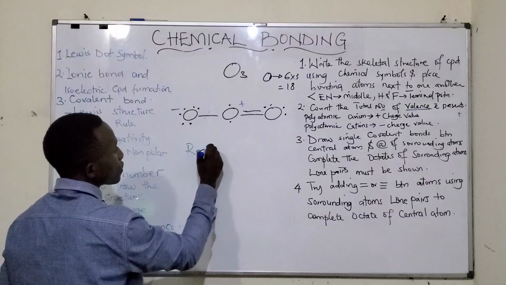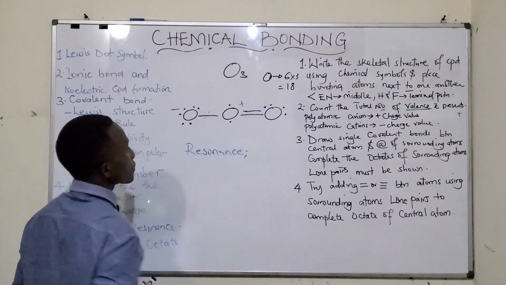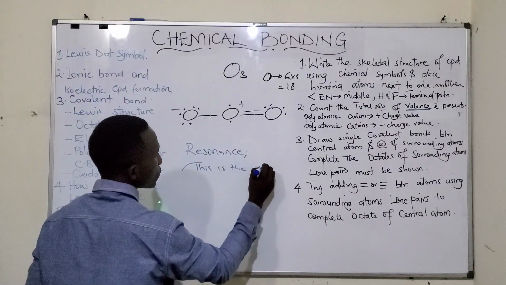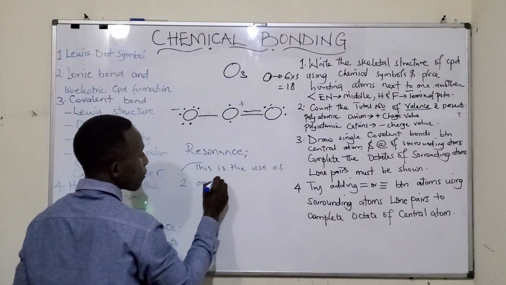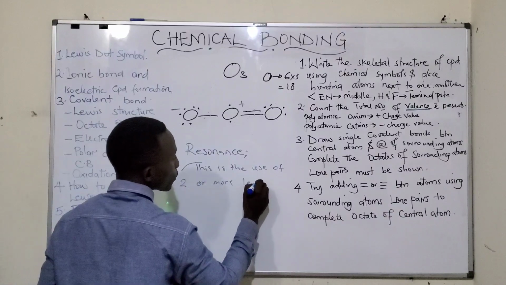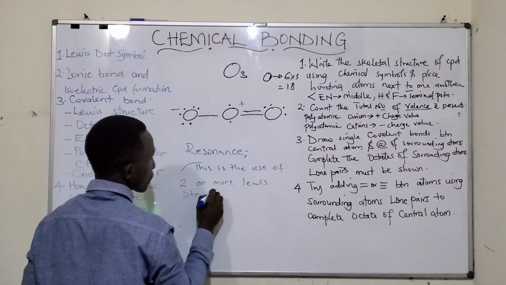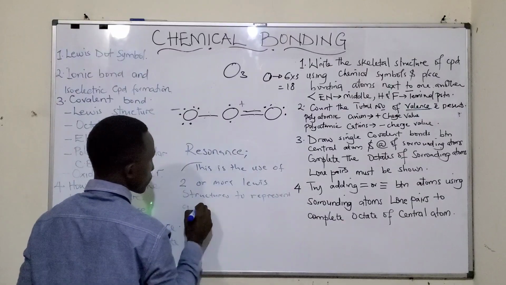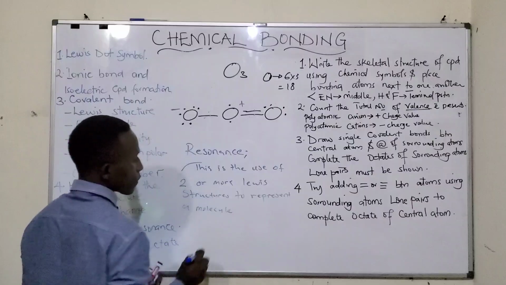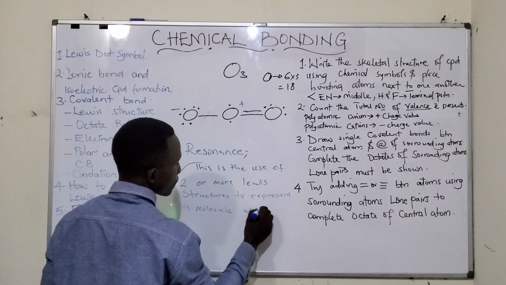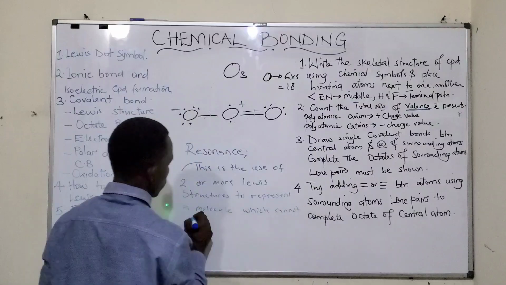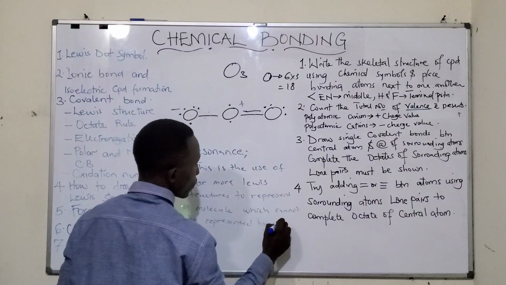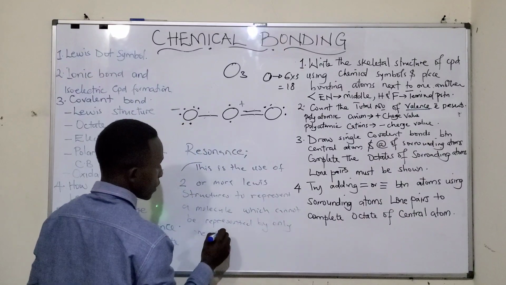Resonance is the use of 2 or more Lewis structures to represent a molecule which cannot be represented by only one Lewis structure.